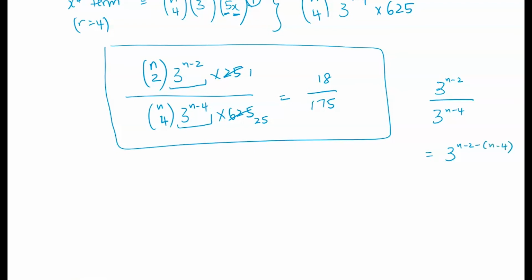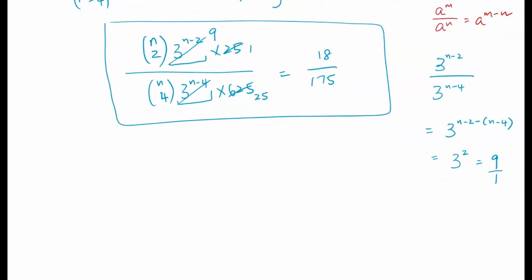Here I'm using this law of indices: a to the power of m over a to the power of n equals a to the power of m minus n. That simplifies to 3 to the power of n minus 2 minus n plus 4. So it's 3 to the power of 2, which is 9. So this simplifies to 9, because 9 is the same as 9 over 1. Therefore, 9 is actually in the numerator here.